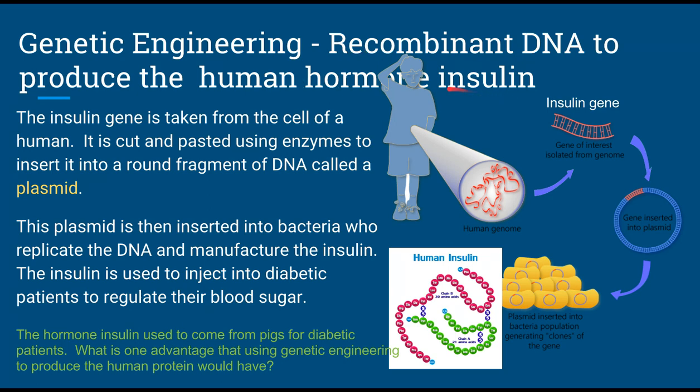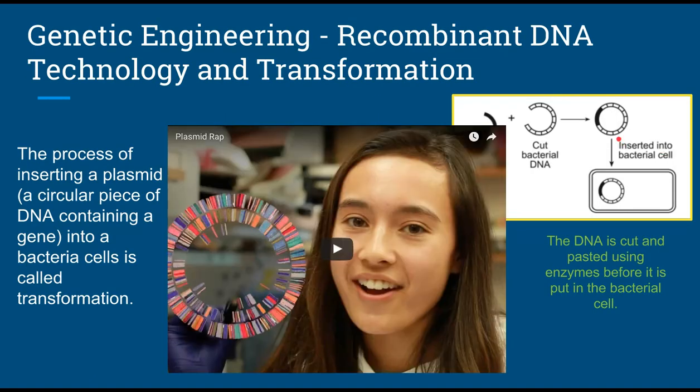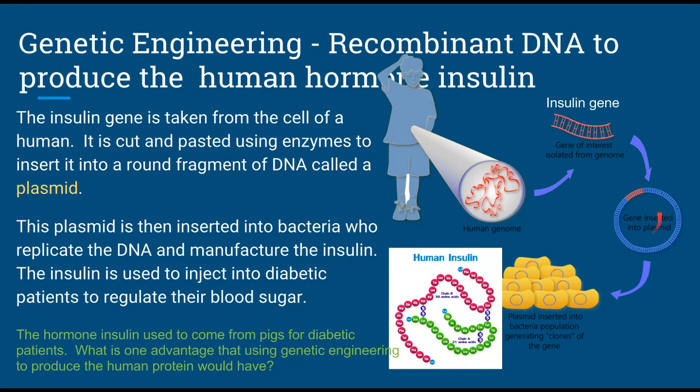And this is a classic example where the insulin gene is taken from a cell of a human, could be anybody, and it is cut and pasted using enzymes to insert it in a round fragment of DNA called a plasmid. You may see it like this. So now we took the human genome, we clipped out the insulin gene using enzymes, and we're going to plop it into this plasmid.